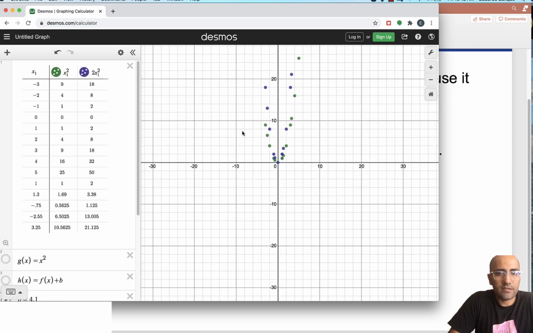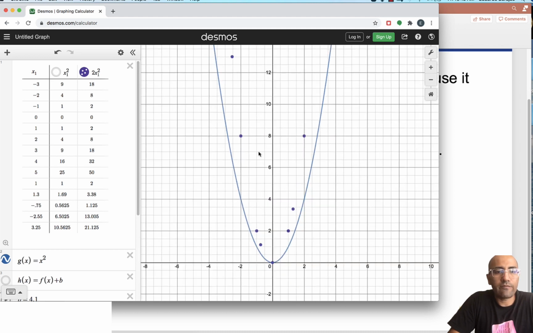So they'll look like this. Now notice that 0 stays at 0, and then 1 multiplied by 2 becomes 2. 4 multiplied by 2 becomes 8. So we have our original parabola value there. And look what's happening with all these new values that are the result of multiplying by 2. We're just doubling everything, so we're going to stretch.